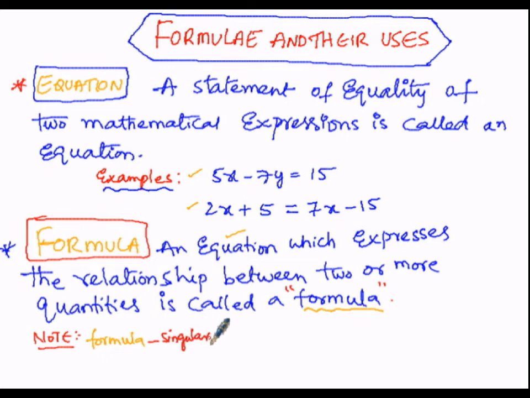If there are two or more, then they will be called in the plural, and the plural is pronounced formulae. So in the definition, a formula is nothing but an equation expressing the relationship between two or more quantities present in that equation.